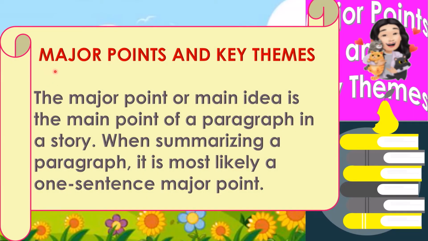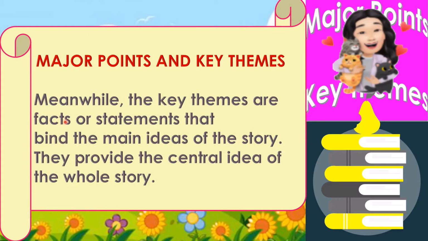So let's talk about major points and key themes. The major point or main idea is the main point of a paragraph in a story. When summarizing a paragraph, it is most likely a one-sentence major point. Meanwhile, the key themes are facts or statements that bind the main ideas of the story.